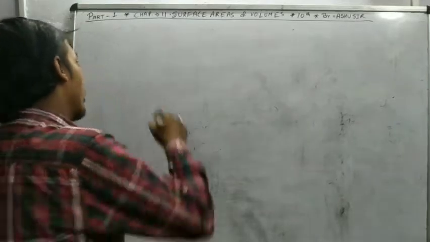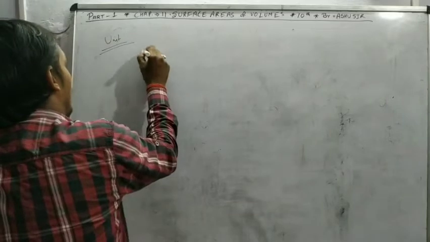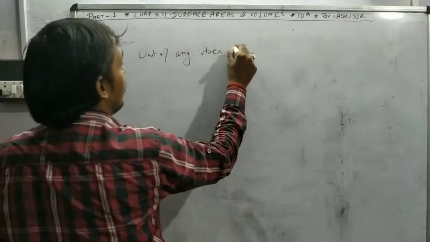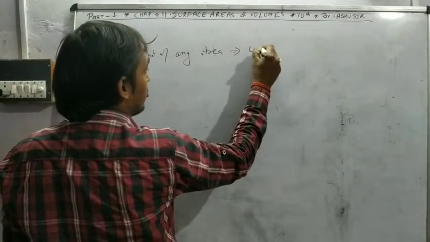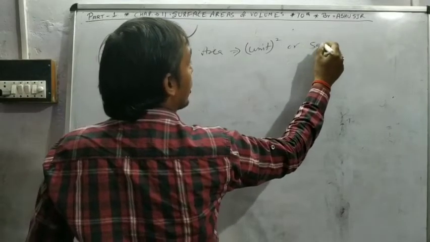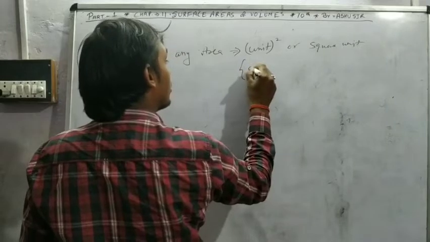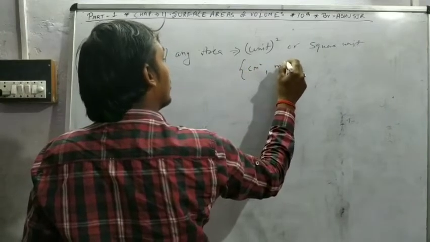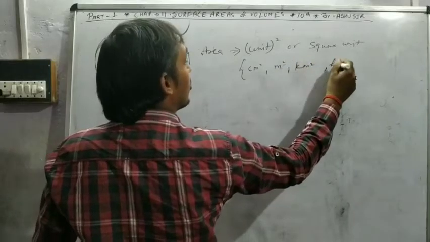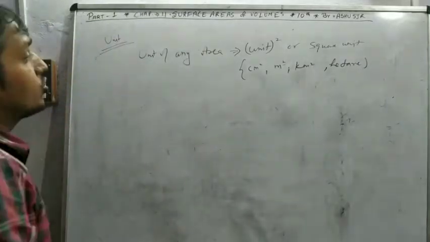Then we talk about the units. The unit of any area is unit square, or you can say square unit, just like centimeter square, meter square, kilometer square, also hectare.